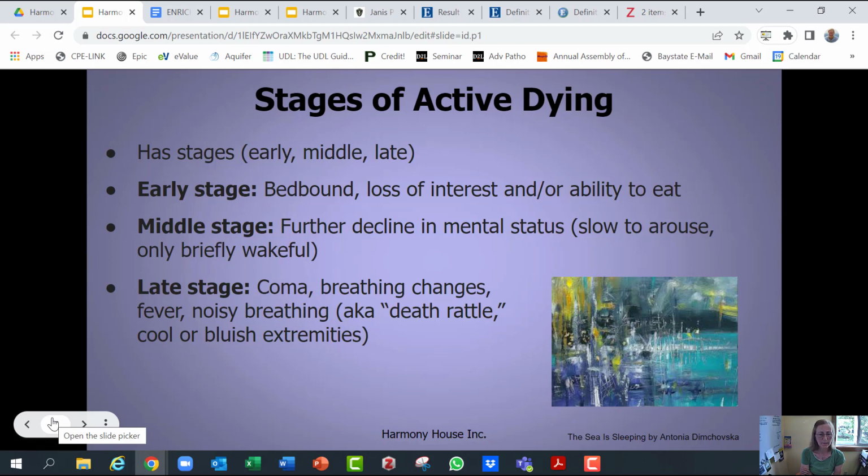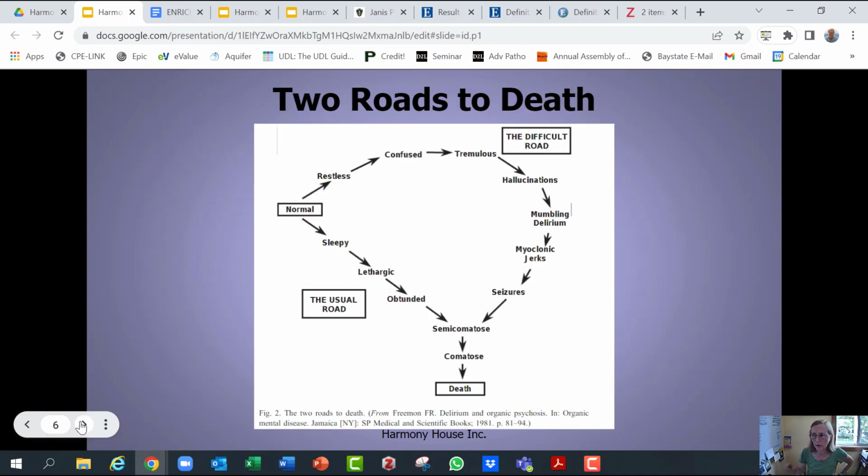There can start to be some breathing changes, fever sometimes, and what we call noisy breathing, which sometimes is referred to as the death rattle, and then cool or bluish extremities. So these are stages that can happen. It's certainly not predictable, but generally you can see this pattern happen, and it can help you think through how you're going to intervene on behalf of your resident.